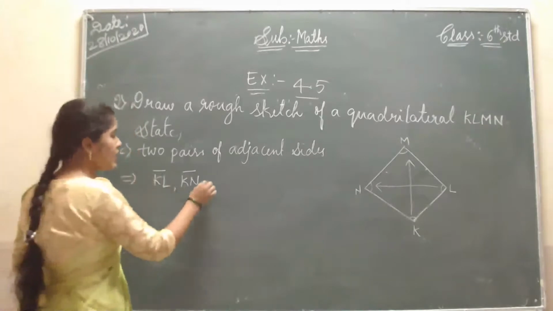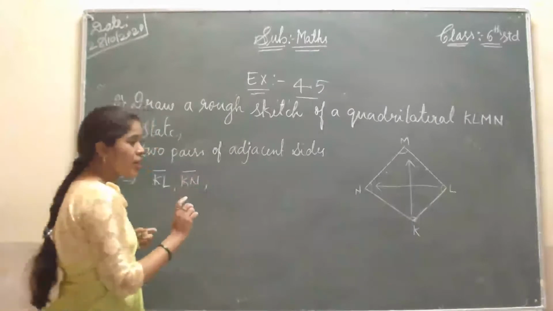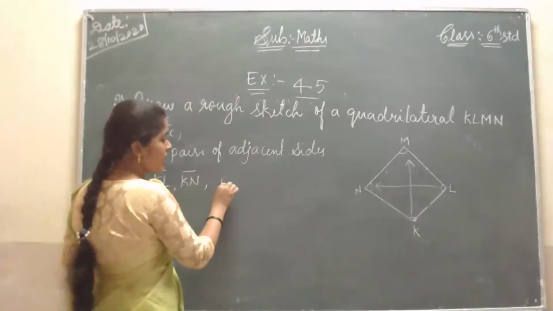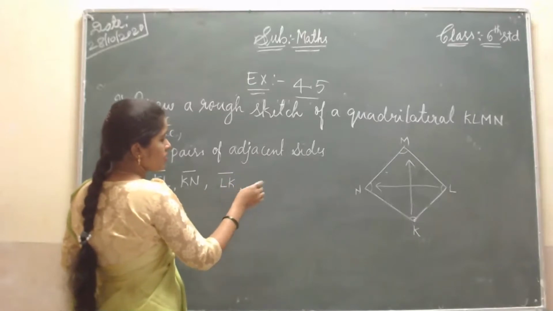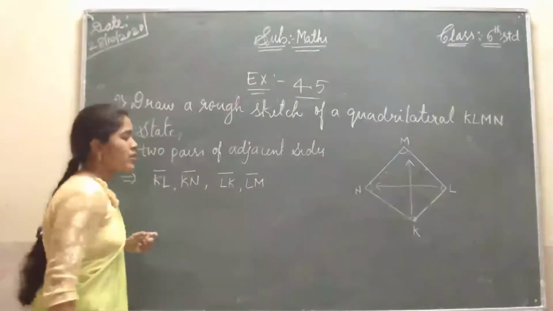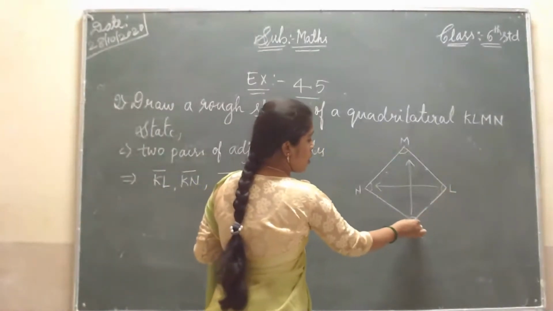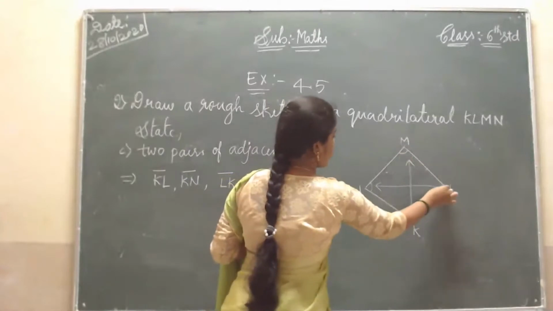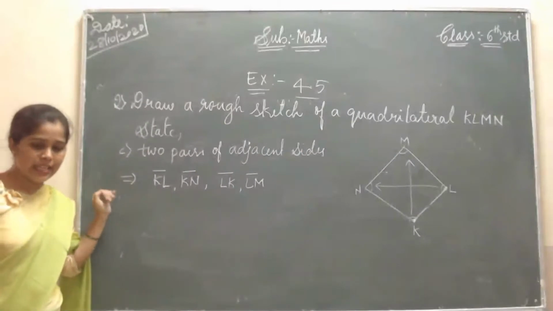K is common, because adjacent means there is a common point, K. Then take L or N, your wish. We have to write only two pairs. LK and LM. So for these two the common point is K, and for these two the common point is M. So these are the two pairs of adjacent sides.